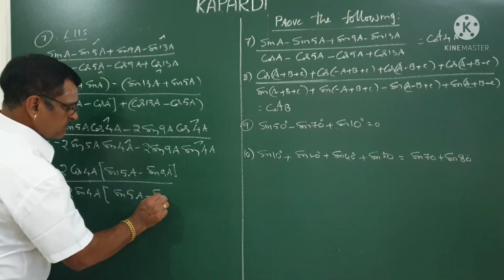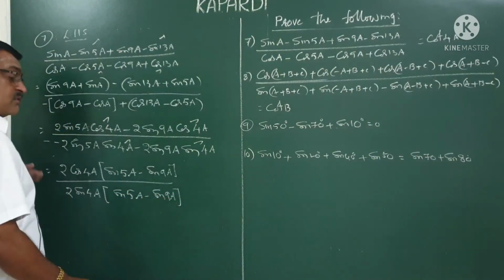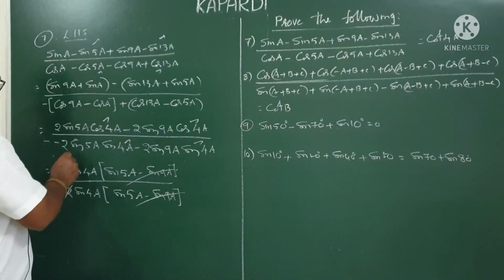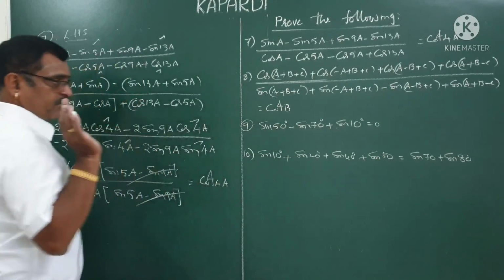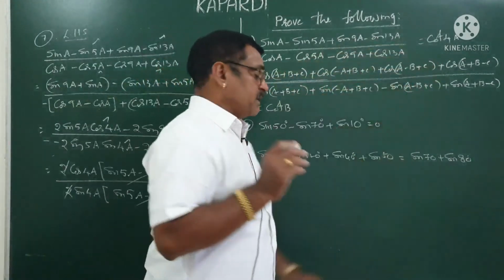I am getting the correct answer. So these are two common factors, you can cancel this, 2 cancel, cos by sin is equal to cot 4a, which is matching with my right hand side.